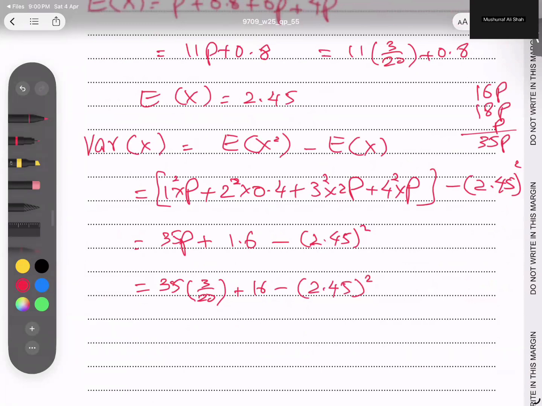So I'm going to finalize. 35 times 3 divided by 20, and plus 1.6, and minus 2.45 squared. So the answer turns out to be, let me check finally.